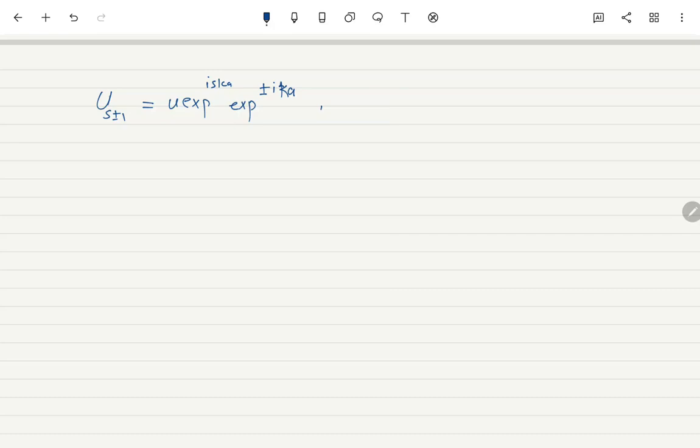Now the ratio of the displacement of two successive planes is given by u s plus 1 divided by u s equal to u exponential i s plus 1 ka over u exponential iska, which equal to exponential ika.